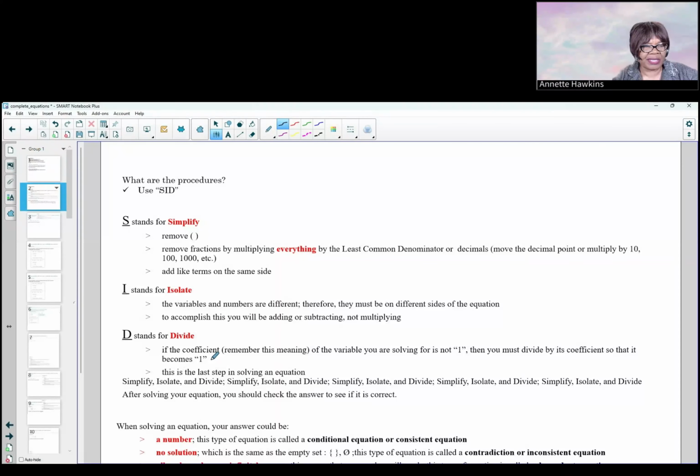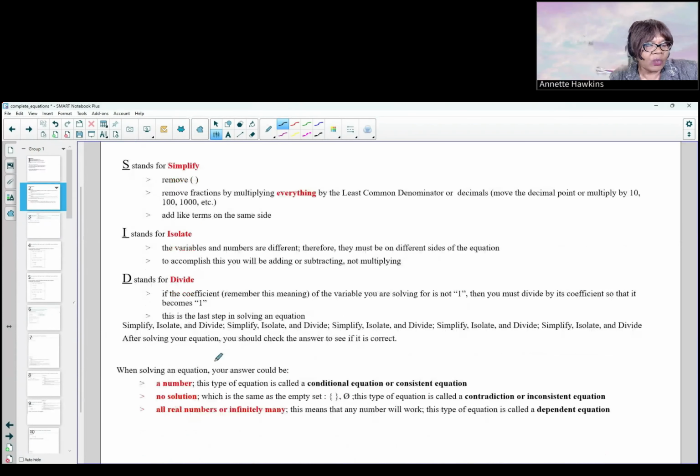Once you do the simplifying, you've condensed what's on the left side and what's on the right side. Ideally, it's going to be down to two terms, and then you need to isolate. The variables go on one side, the numbers go on the other, and that probably will involve 2 steps. And then you divide. If the coefficient is not 1, we have to divide.